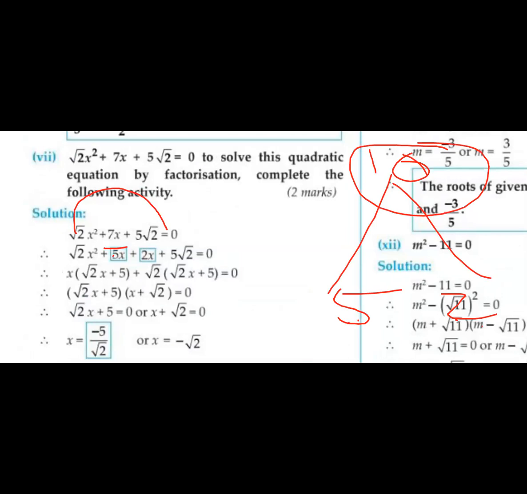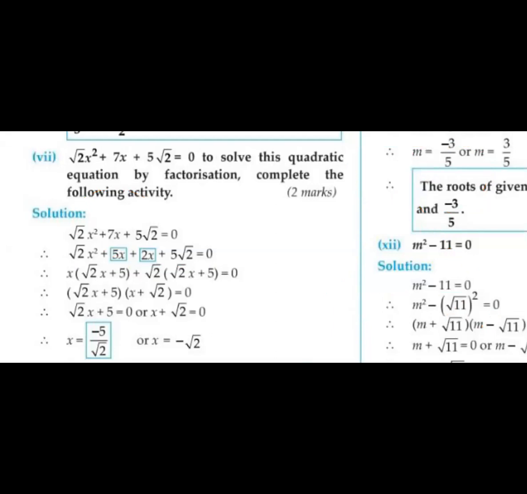Okay, then take the common between the first two terms and the last two terms. The first two terms' common is directly seen here, it should be x. So you can take x as a common, x common root 2x plus 5, and in the last two terms root 2 is common, so again we'll take root 2x plus 5.